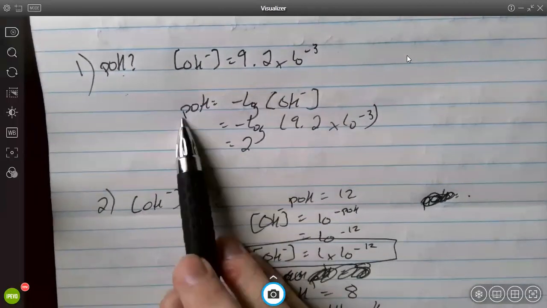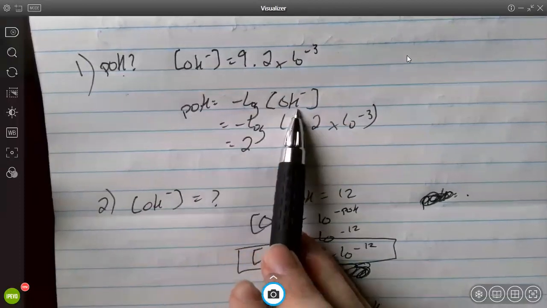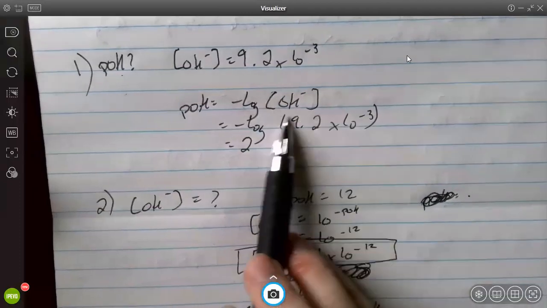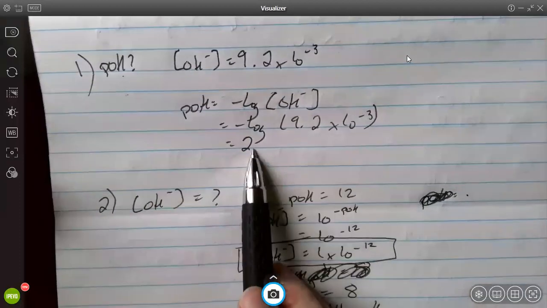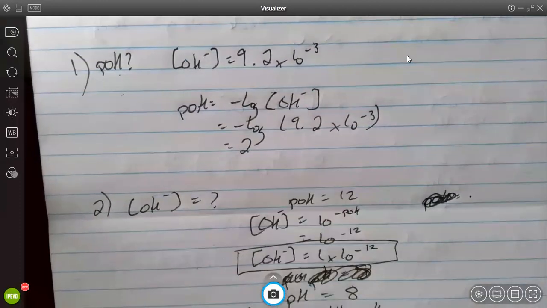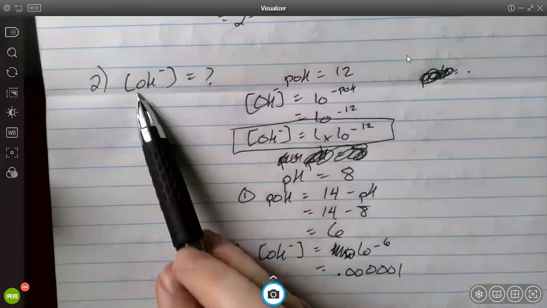So I'm just going to plug this into my pOH formula. So pOH equals the negative log of the concentration of hydroxide ions. I'll plug in my concentration of hydroxide ions, and if you put that all in your calculator, you should get a pOH of 2.